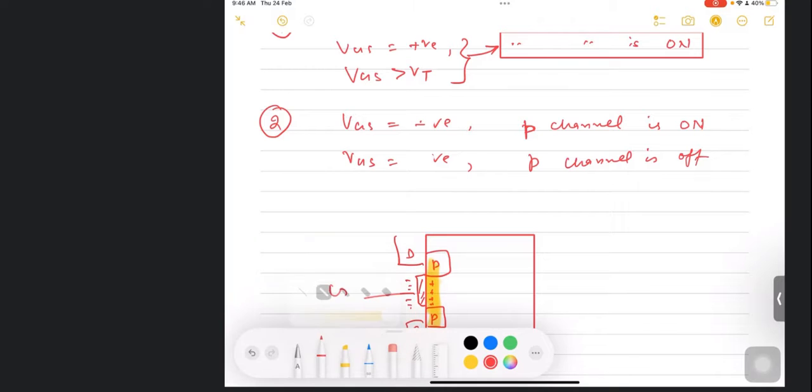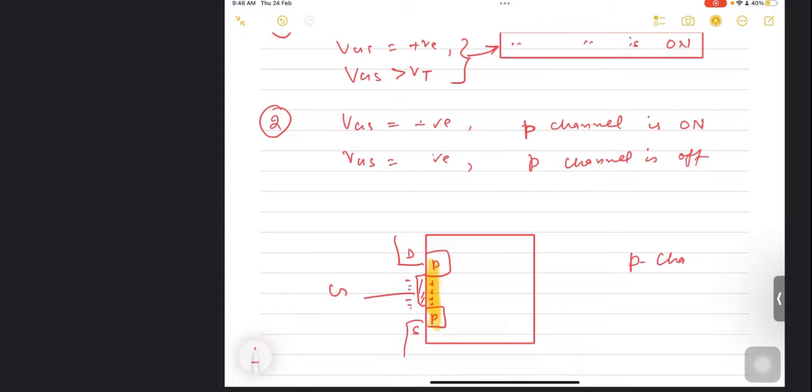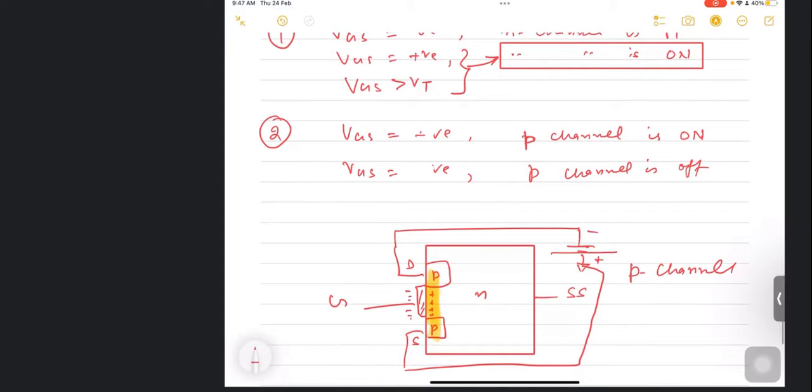So for P channel MOSFET, the substrate is N type. So we have to apply it like this. Negative, positive.